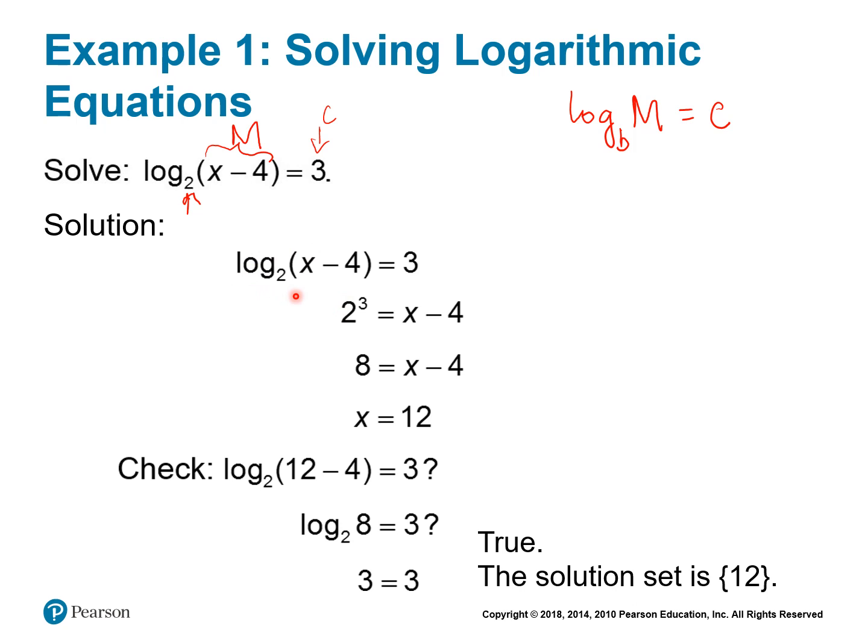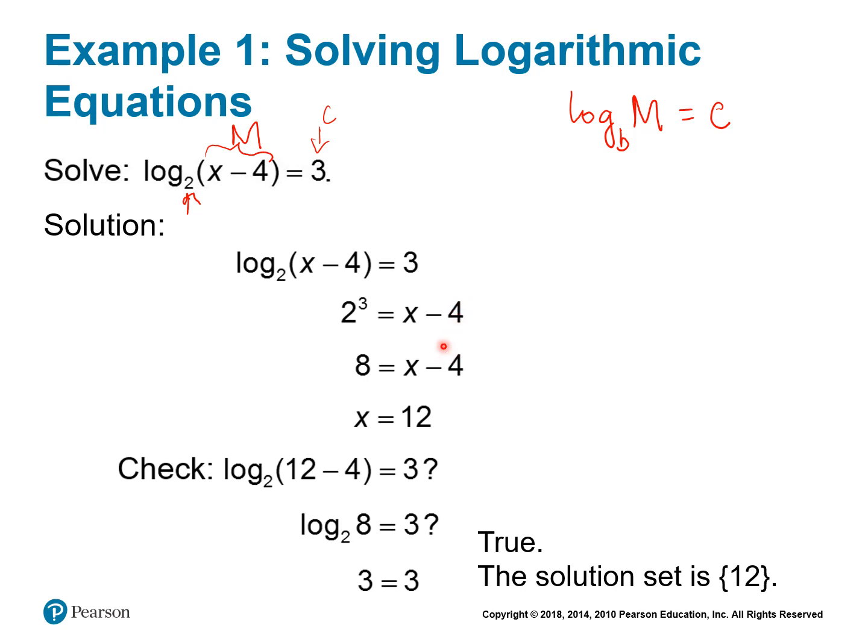So log base 2 of x minus 4 equals 3 needs to be put in exponential form with 2 as the base of the exponent, which is here, and then 3, which is c, goes as the exponent of 2. Then the equal sign and this entire value for m, which is x minus 4, goes on the right hand side of the equation.